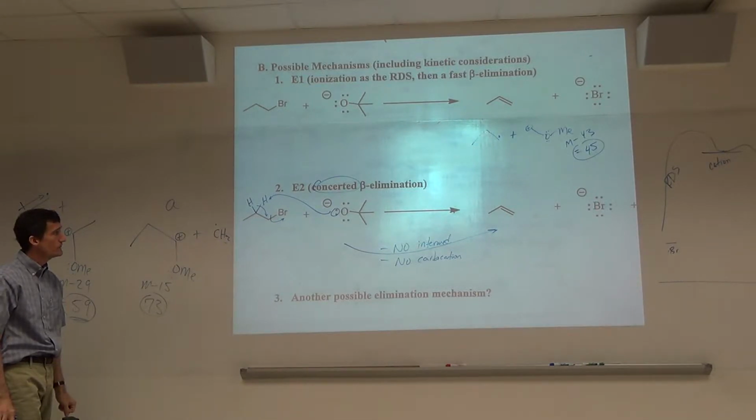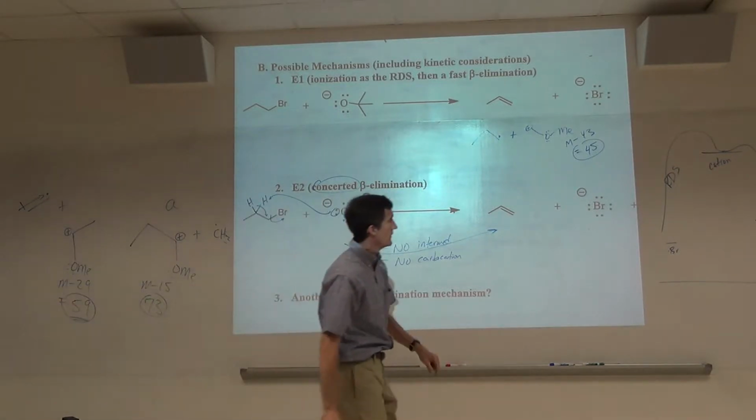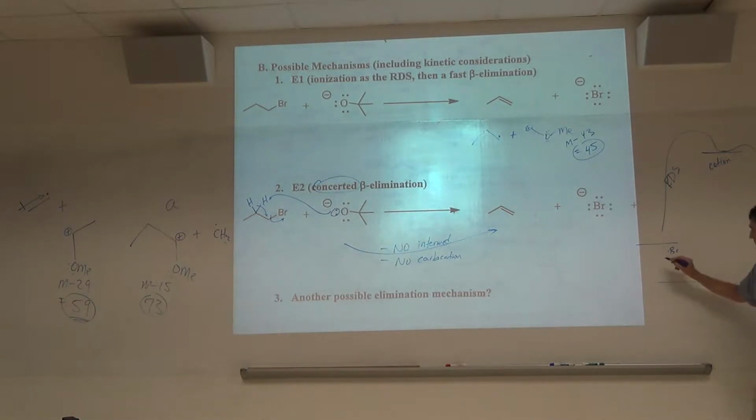So, over here, why was the first one called E1? Because how many of the substrates are in the rate determining step? Substrates being your thing with the leaving group and the base. How many are involved here? Only the thing with the leaving group. Is the base involved in the ionization?